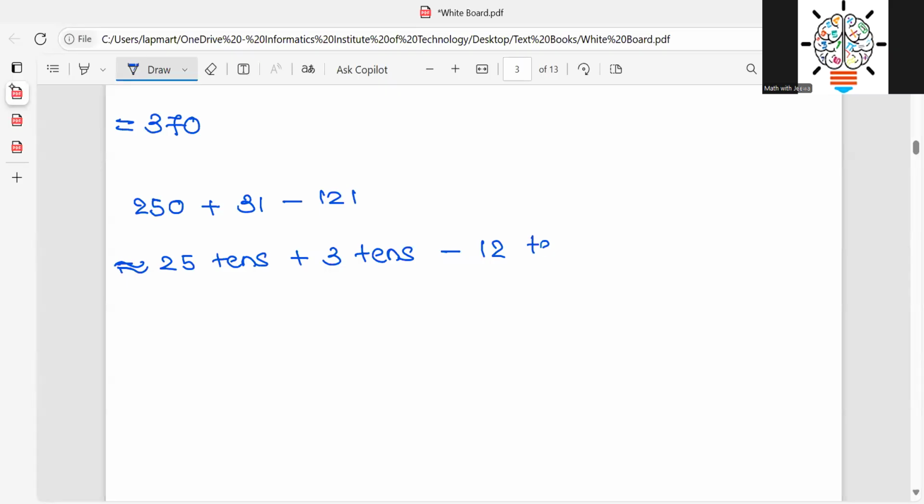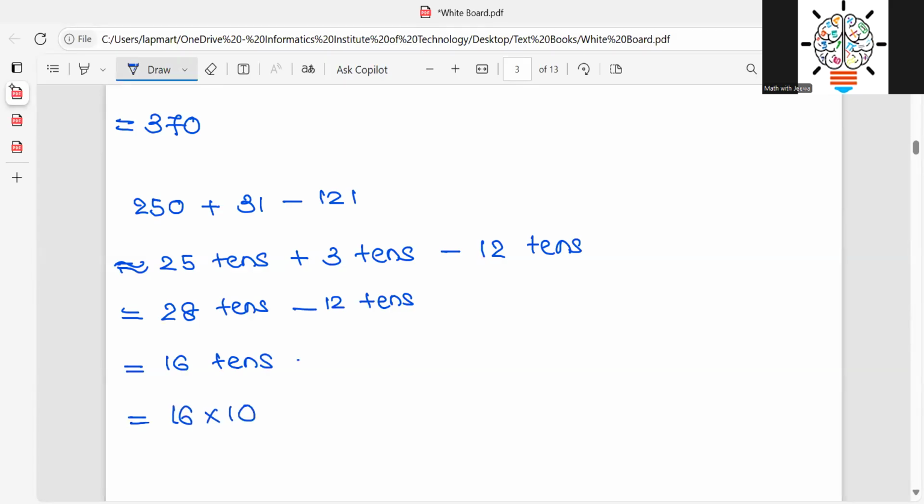So then 12 tens. Right? So that is 120. So we write here 25 plus 3, 28 tens. From that you deduct 12 tens, right? So from 28, when you deduct 12, it gives me 16 tens. So then we write 16 times 10 is equal to 160.